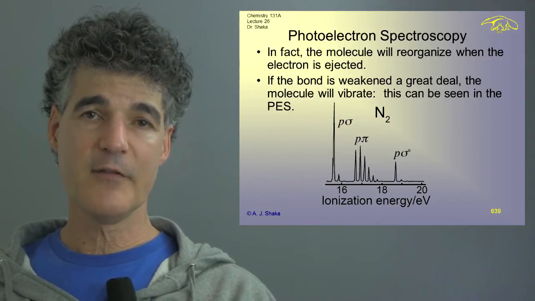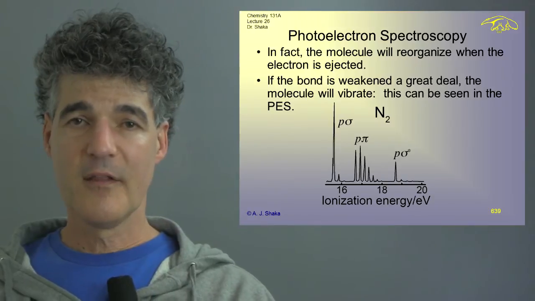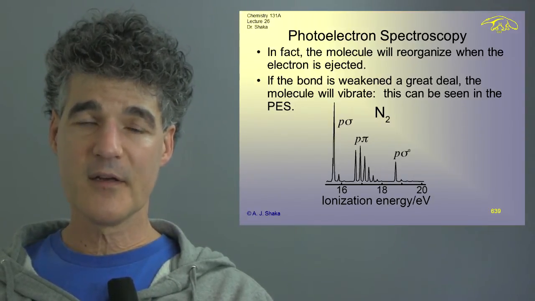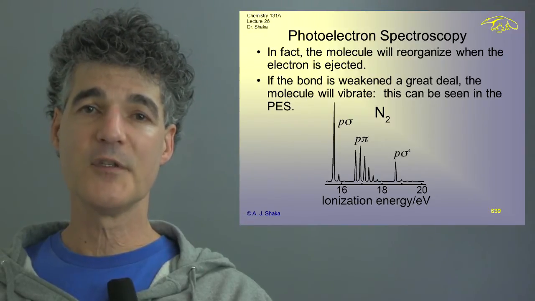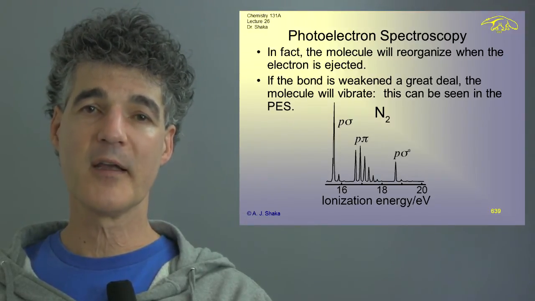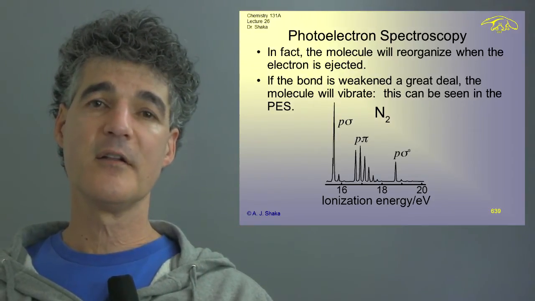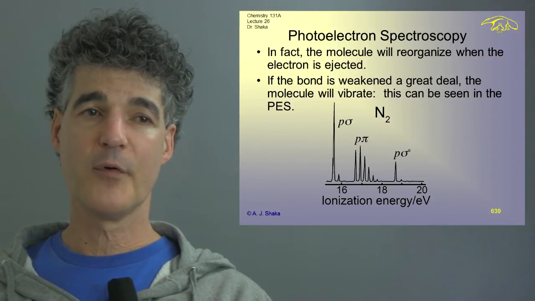So if we eject a certain electron and there's a lot of vibration going on afterwards, what we can conclude is that that electron was extremely important for bonding. If on the other hand there's hardly any progression, then we can conclude that that electron was not that important for bonding.